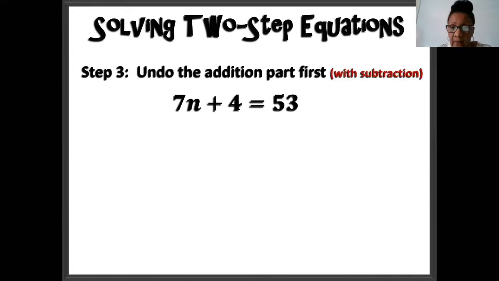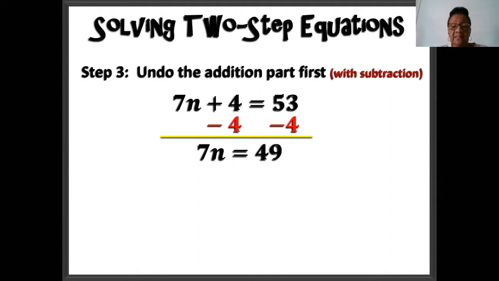And undo. Step number 3 now, we have to undo the subtraction part first. So let's start. We will take away 4 from each side. When we take away 4 from each side, we now have 7n is equal to 4.